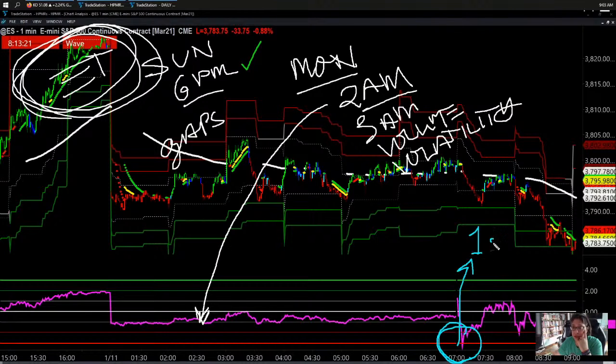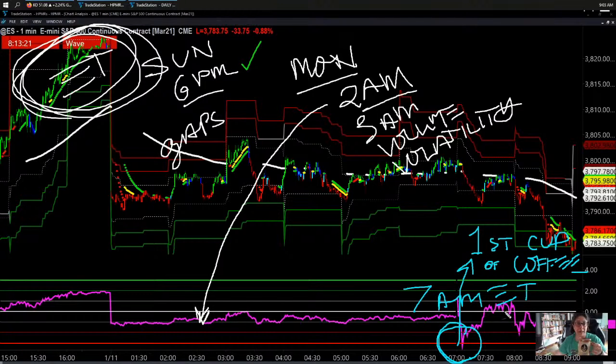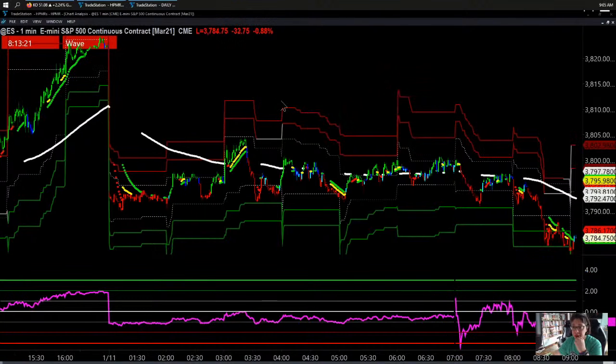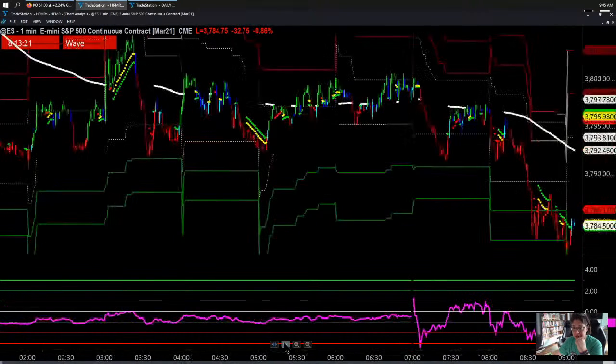This is the first cup of coffee in the US session. First cup of coffee. That's actually happening at 7 a.m. Eastern. So you've got to think about time, gang, when you're looking at the behavior of the markets to see who's doing what, and the who is the different financial times.